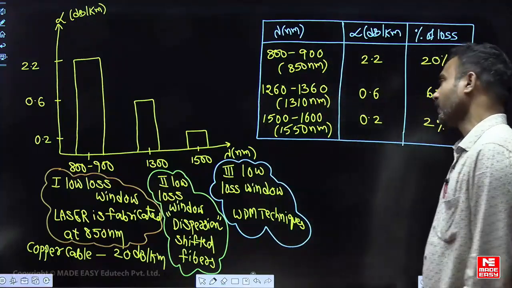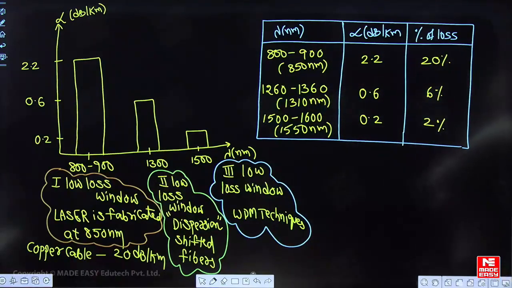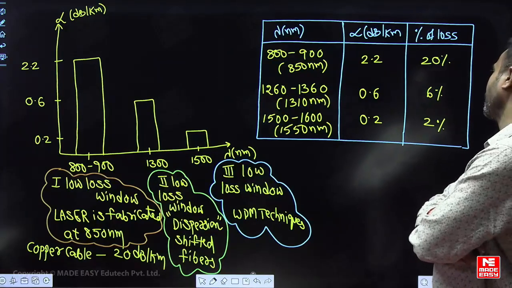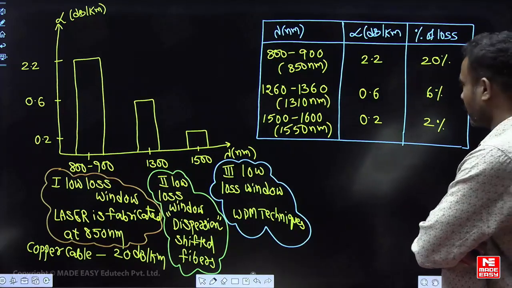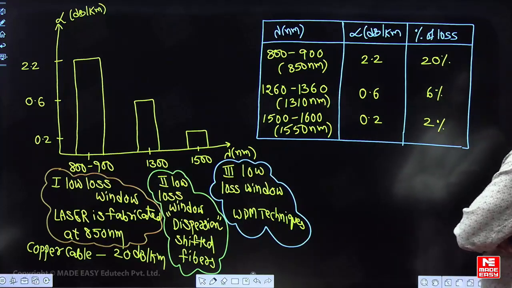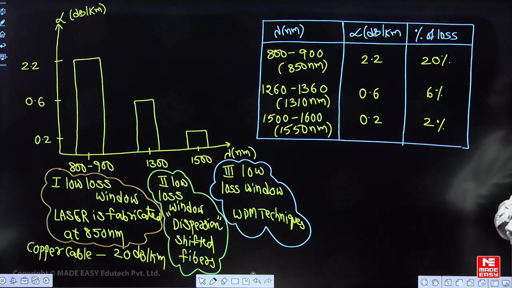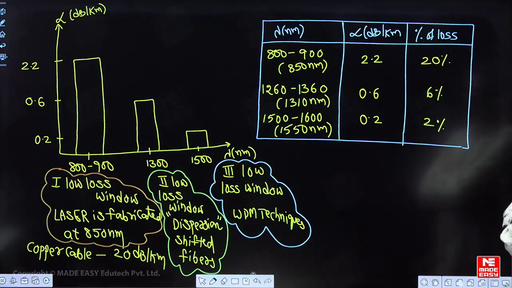Out of the total power you are sending, only 2% of power is wasted, and the remaining is obtained as the output power. So only a small percentage of power is lost. The loss is very less if you are operating at 1550 nanometers.